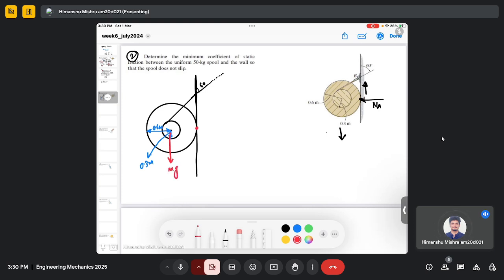So this is point A, and there will be a normal reaction force, and there will be a friction force in the upward direction, which is mu times Na. This is point B, and there will be a tension force on this cord, which is T.